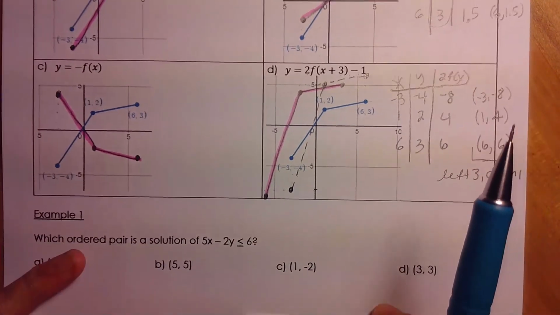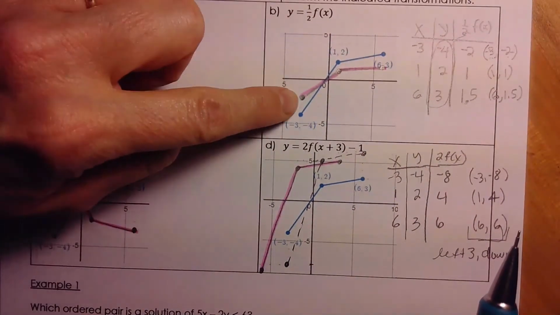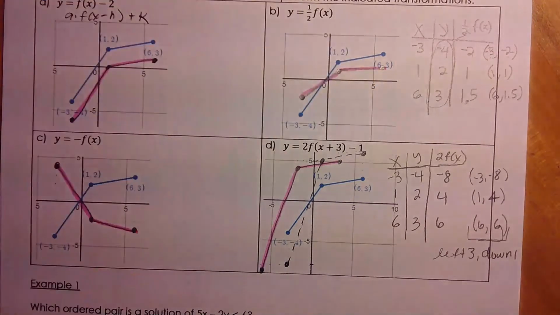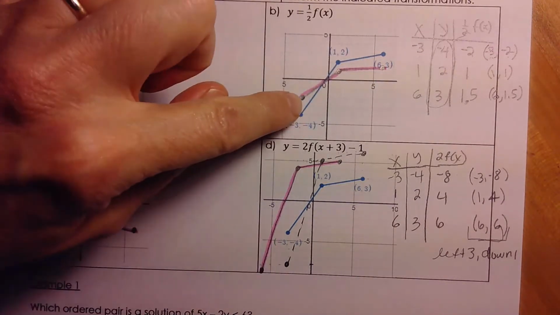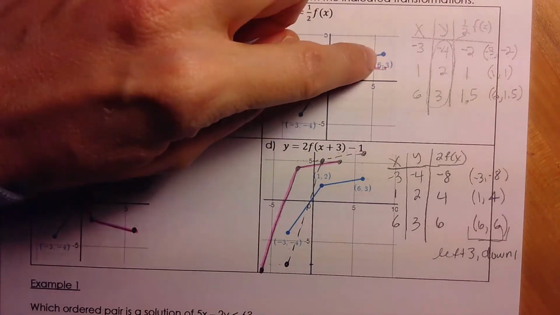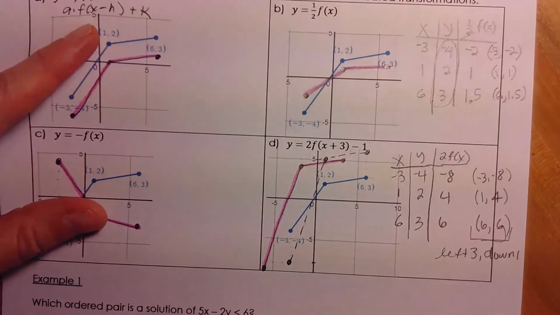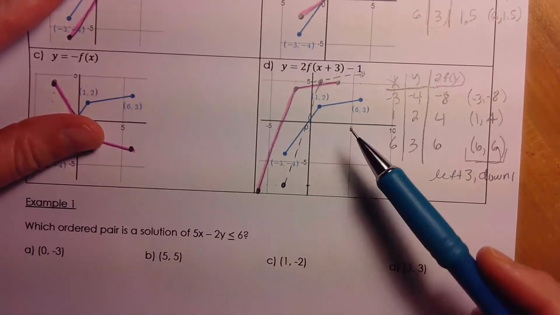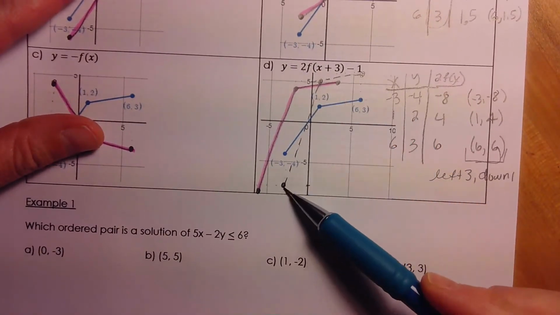And going back up, I don't think I said it, but this pink graph should look like it's been compressed. Your overall finished product should look half the height as the original one. This one right here, when we doubled our y values, we stretched it.